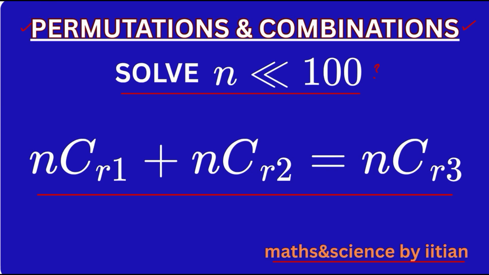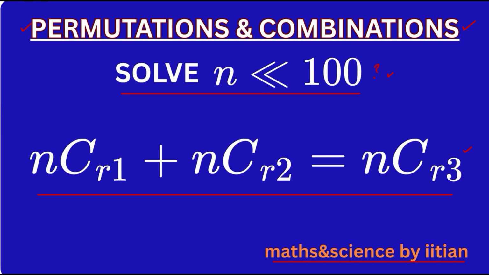In the last class we found the solution. Now in this class we will extend that solution to find the number of values of n, when n is up to 100, which satisfy this equation, and the corresponding values of R1, R2 and R3, if n is less than or equal to 100.